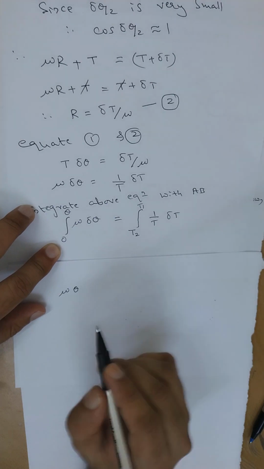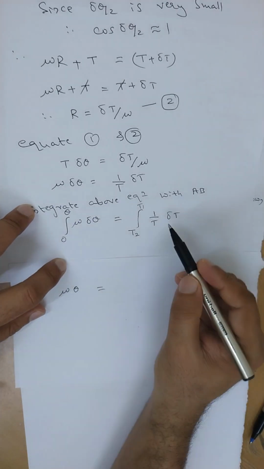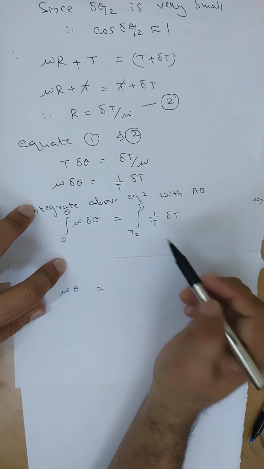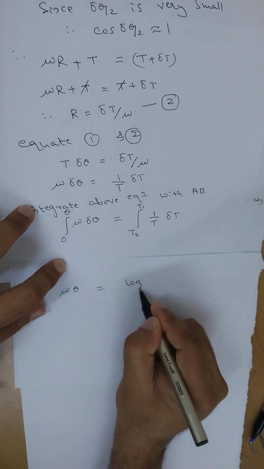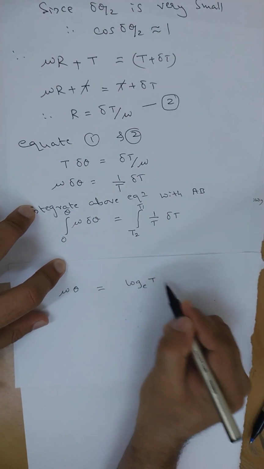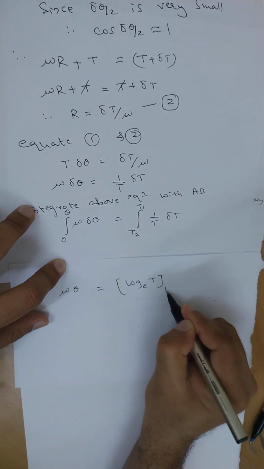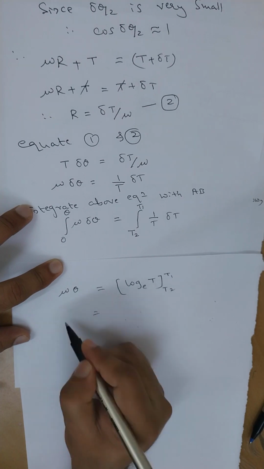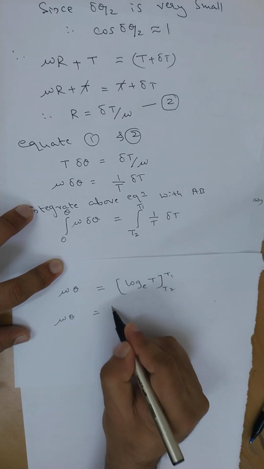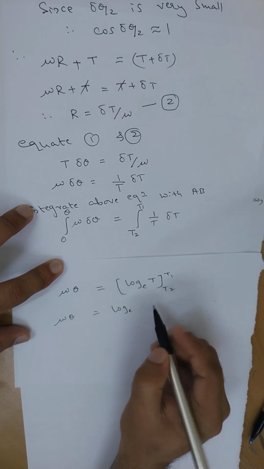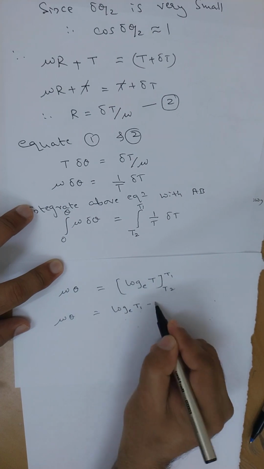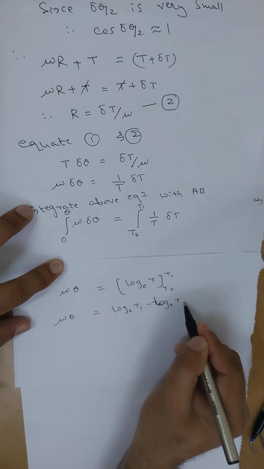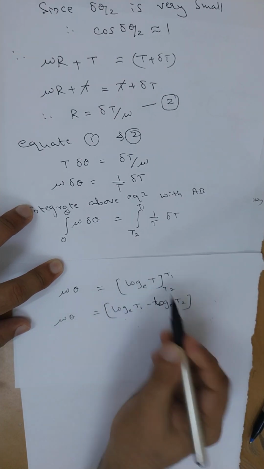Theta minus 0 equal to, the integration of 1 by T is log to the base e of T, from T2 to T1. Again simplify: mu into theta equals log to the base e T1 minus log to the base e T2, upper limit minus lower limit.